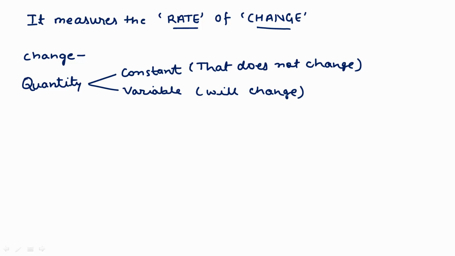Change comes in a variable, and how do we write change? Use the symbol delta for big change, and d for small change.